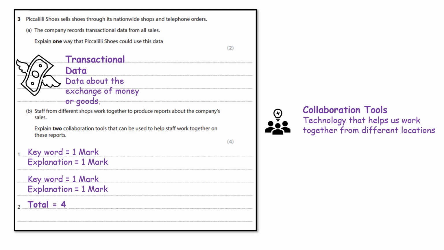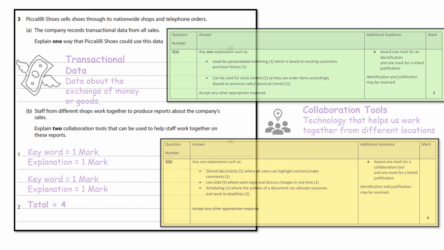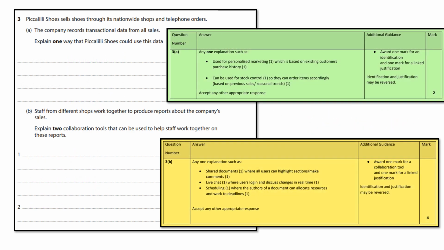So this is the mark scheme for 3A and 3B. It says that one of the explanations you can talk about is personalized marketing. So if people are buying items, you could suggest possible improvements or possible new products based on their purchase history.